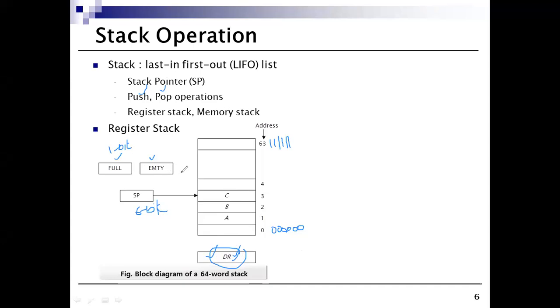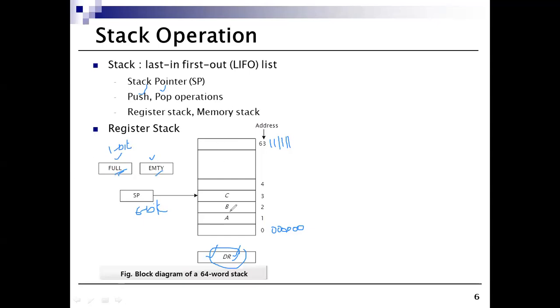And we also have 2 more single-bit status bits. I can call them flag bits or status bits, which indicate whether the stack is full or empty. These 2 status conditions are mandatory because they avoid the overwriting of valid data.